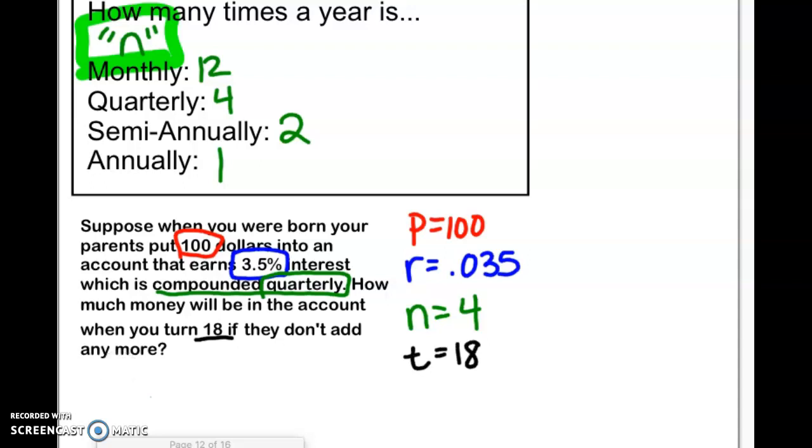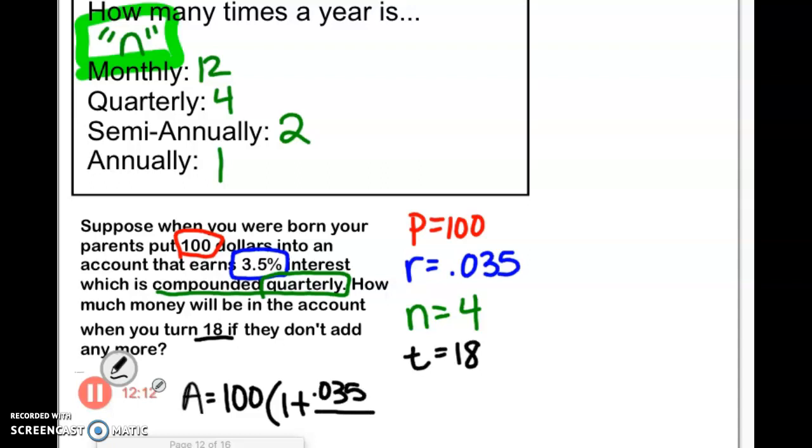So now let's fill it into the given equation. We're looking for our output, and our principal amount is 100. 1 plus 0.035 divided by n, compounded down there, sorry.